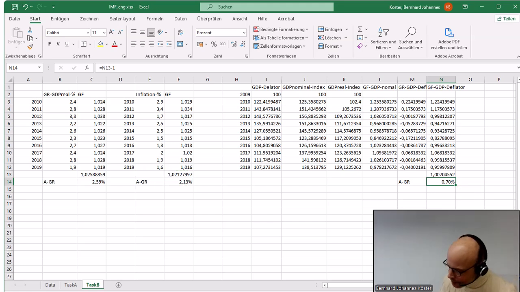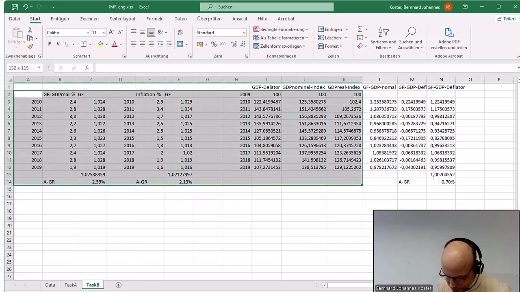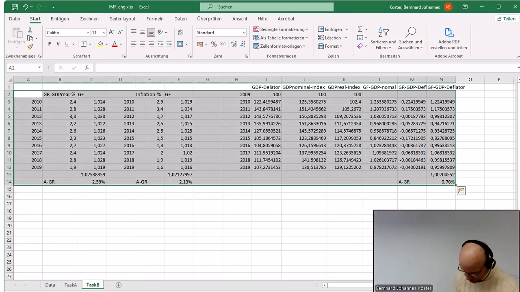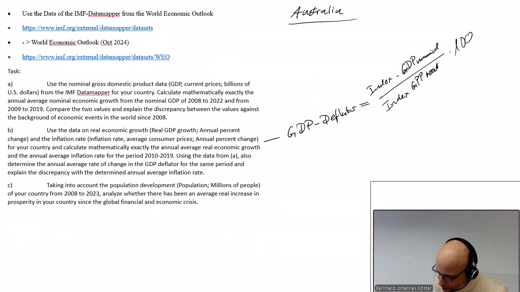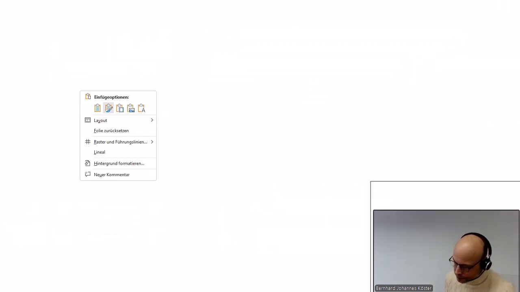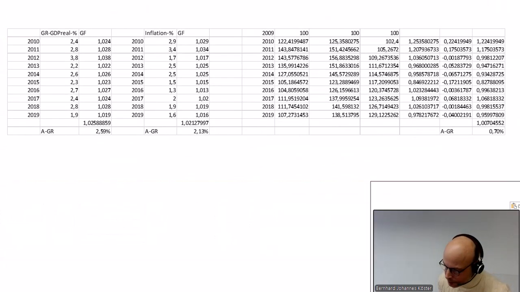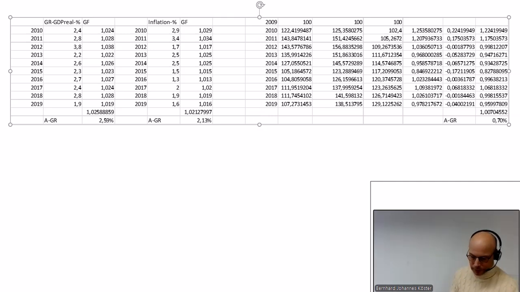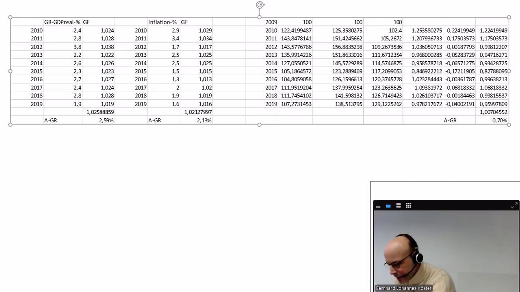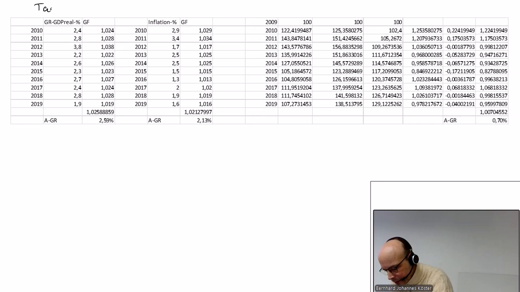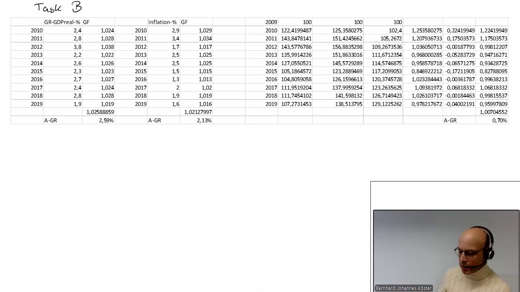Okay, so then let's copy this also. This would be then task B. And here I also want some annotations.